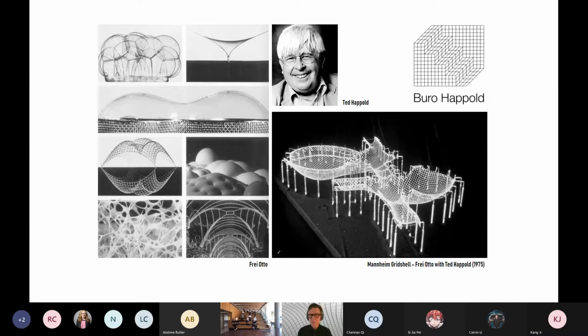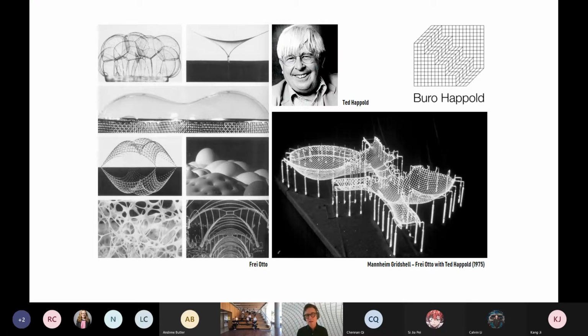Buro Happold, which you may or may not know, is now a very large engineering practice that spans many different countries, but grew out of a research and design trajectory established by its founder, Ted Happold, when he took up the post of head of the Joint Architecture and Engineering College at the University of Bath.